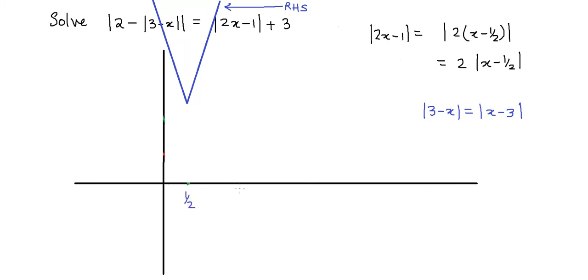So this was half, and let's mark 1, 2, 3. This is also supposed to be 3 because I added 3. So the absolute value x minus 3 is centered at 3.